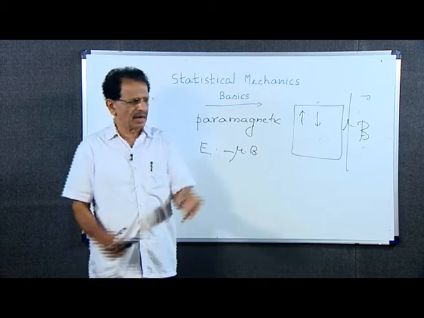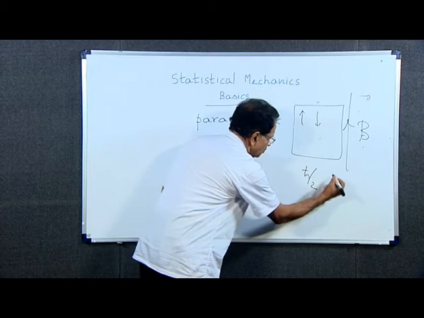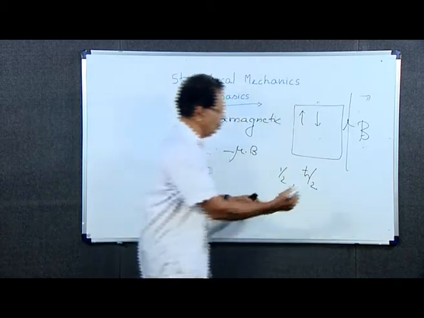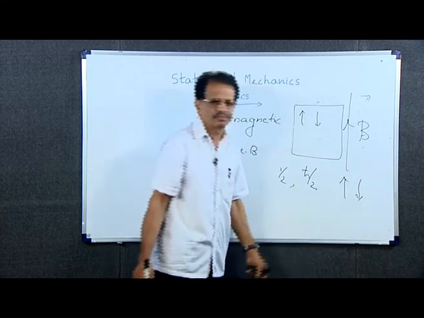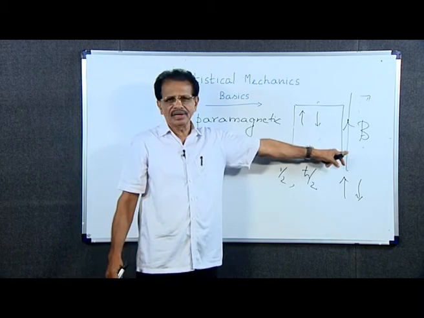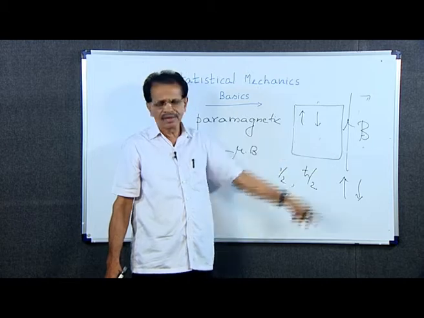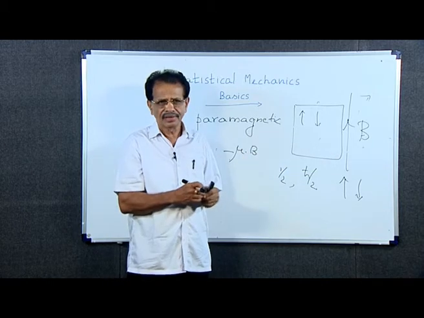So for spin half particles, the angular momentum being h cross by 2, only 2 orientations are possible, plus half and minus half. When we apply a magnetic field, depending on the strength of the field, if the strength is very high, they will try to polarize along the direction of the magnetic field.